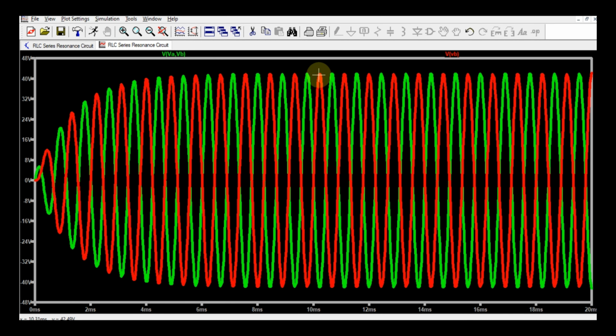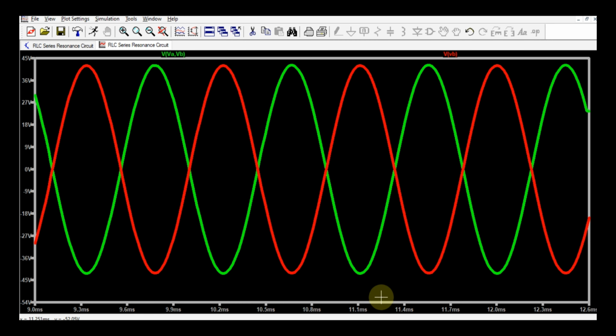So let me zoom it. This is the initial waveform when your voltage across the inductor and capacitor builds up, and once it builds up, you can see this waveform here. So let me zoom further. So you can see this, the voltage at node VA and VB, this is the voltage across the inductor, and the voltage at node VB is the voltage across the capacitor.